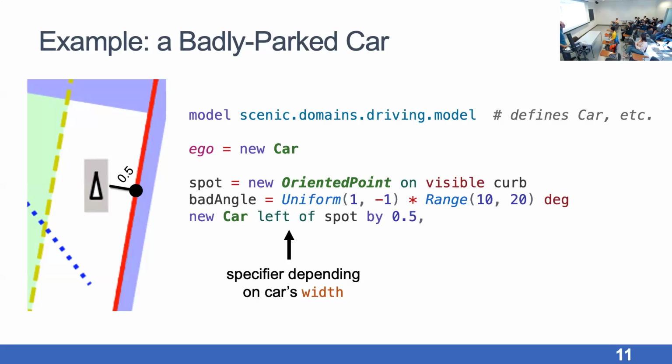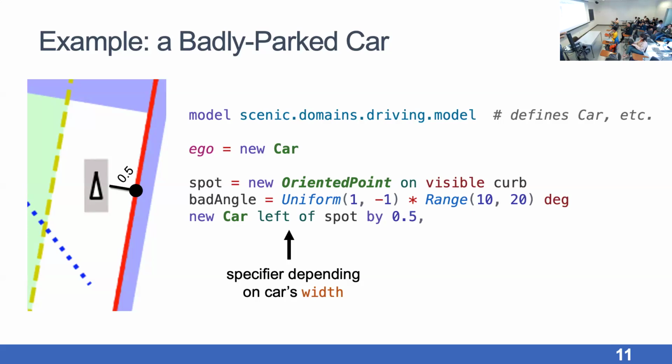Oh, question. Yeah. So here the center of the car is 0.5 meters to the left, or sorry, the right edge of the car will be half a meter over. If we just wanted the center to be half a meter over, you couldn't use this left of specifier, because left of by default takes into account the size of the object, because that's usually what you want. When you say it's half a meter to the left, you mean there's a half a meter gap between the two things.